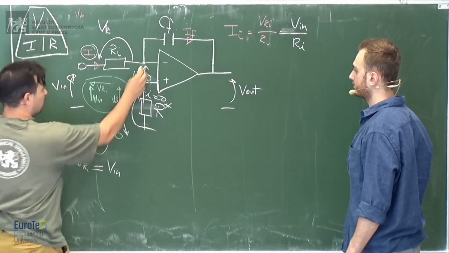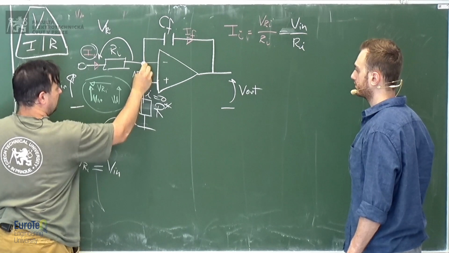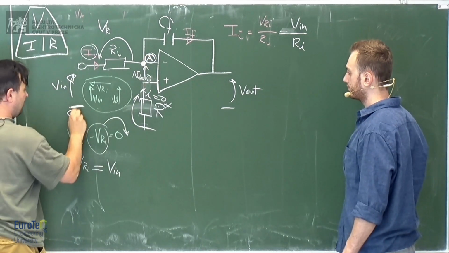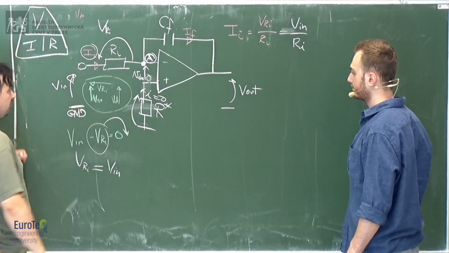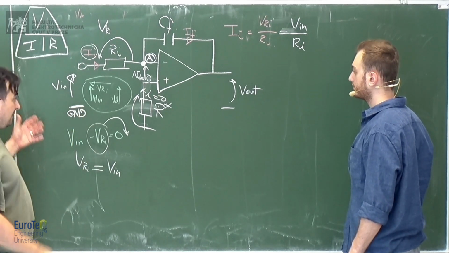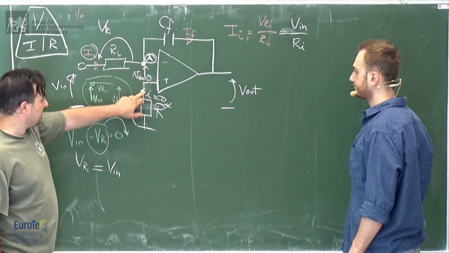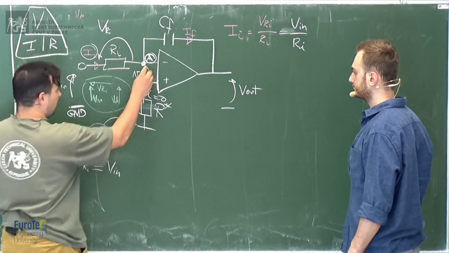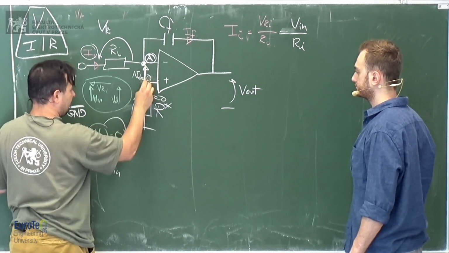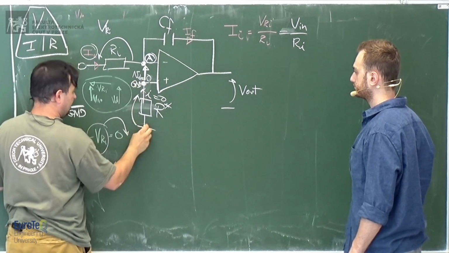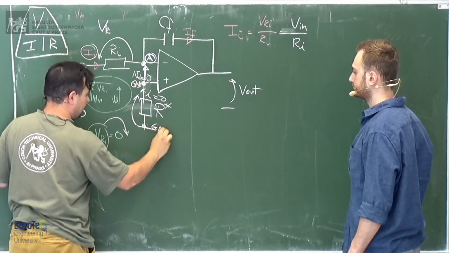Only if this point, let's call it point A, has the same potential as the ground can you claim so. And you can say that this point is at the potential of the ground only because here there is no difference of voltage, so you have the ground here also.